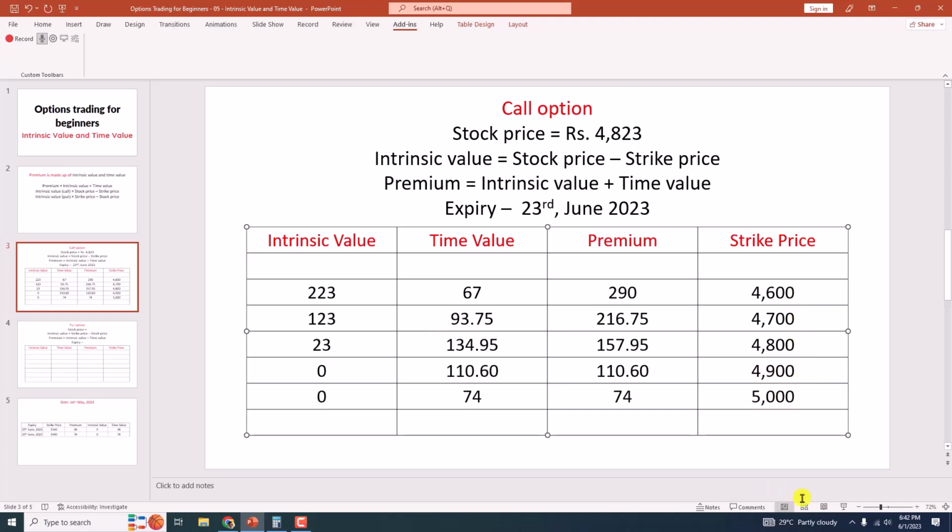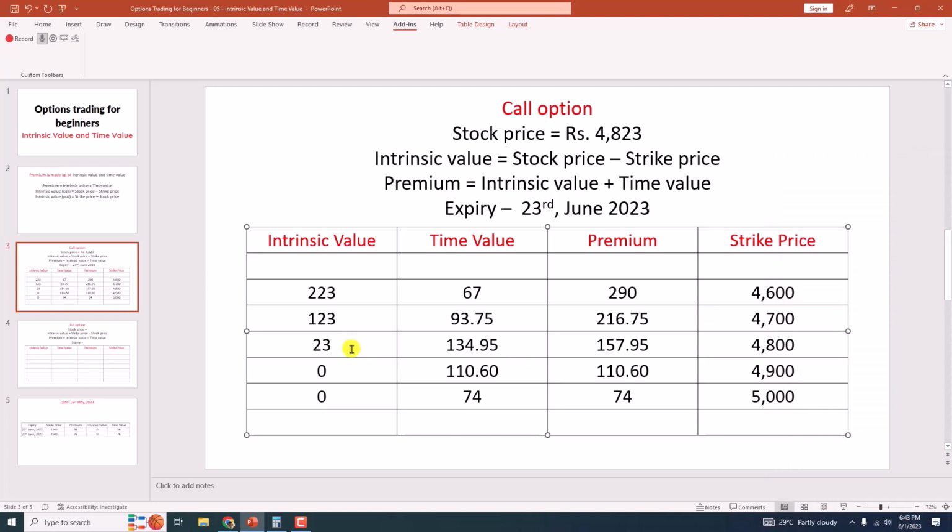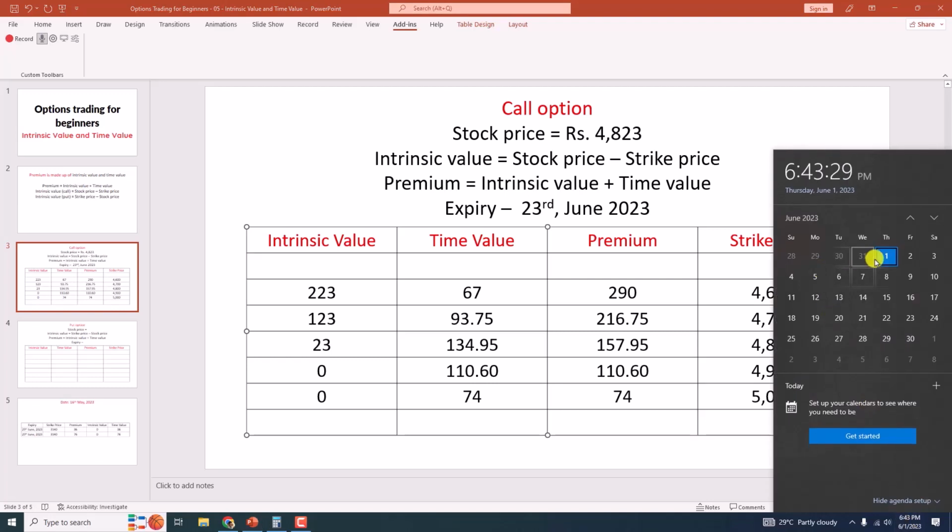Now today is June 1st. Let us assume that I am the buyer of an option, and I buy an option of the 4,600 strike price on June 1st.